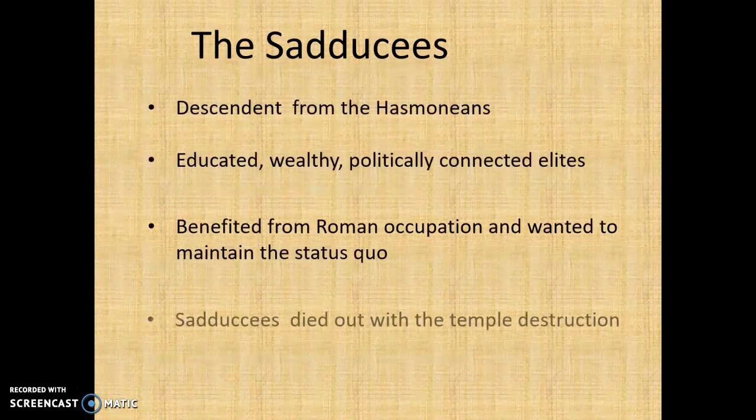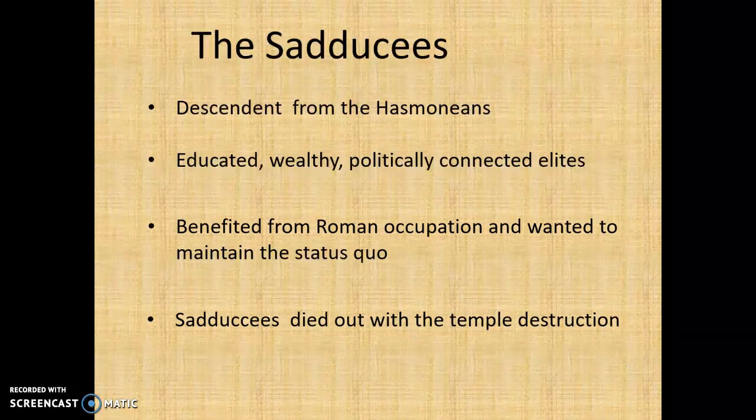The Sadducees were the ones who descended from the Hasmoneans. Remember, that was the dynasty that ruled the Jews ruling themselves. These people tended to be educated, wealthy, politically connected elites. And so during the Roman occupation, they wanted to maintain their power and maintain the status quo.